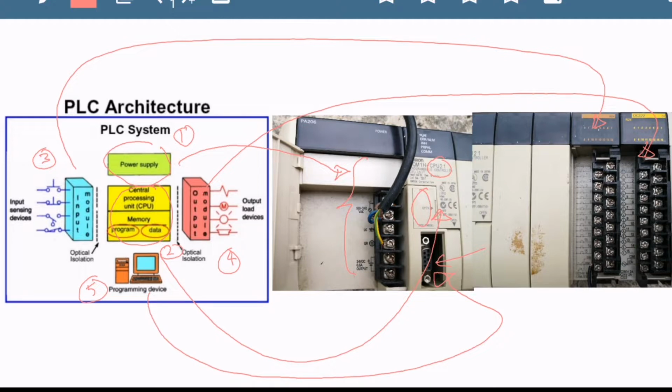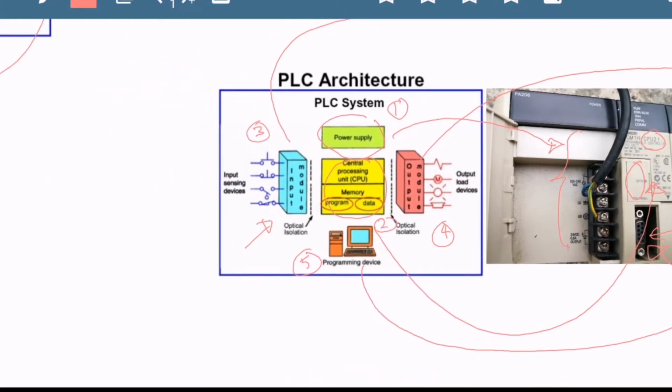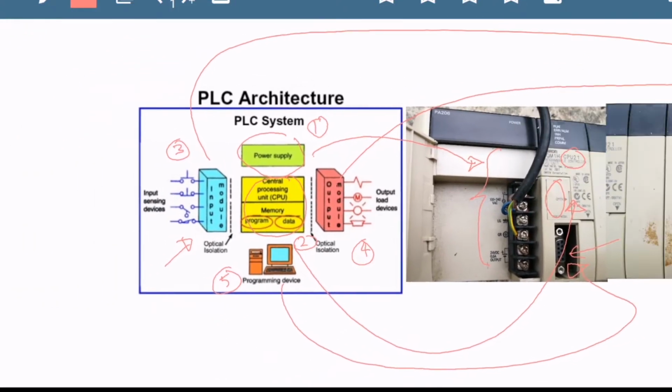So all PLCs more or less have the same architecture. As we discussed just now, the input is probably an input sensing device, your sensors, switches.